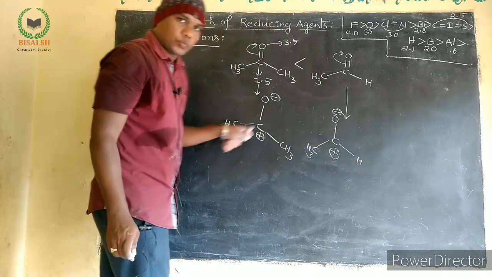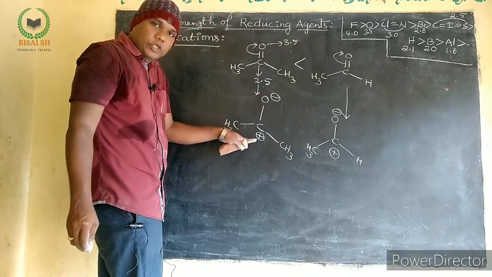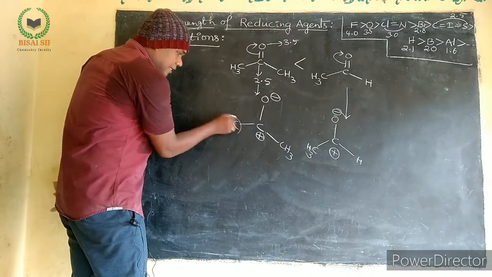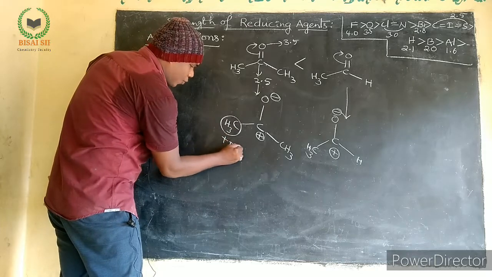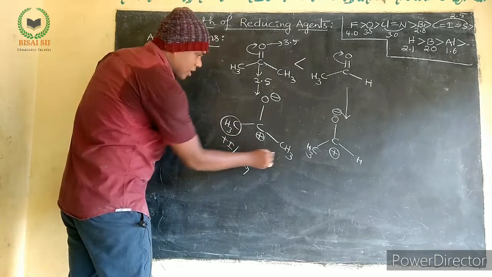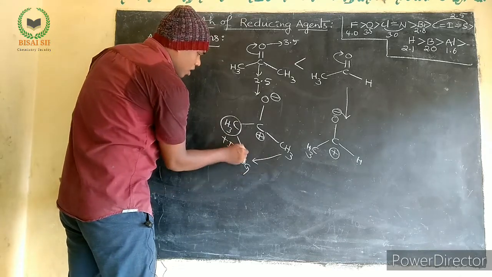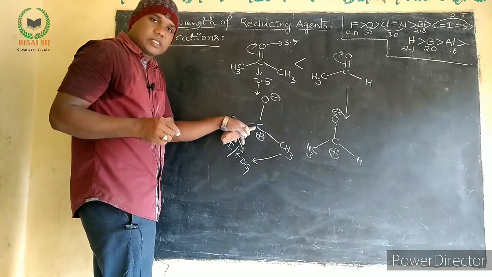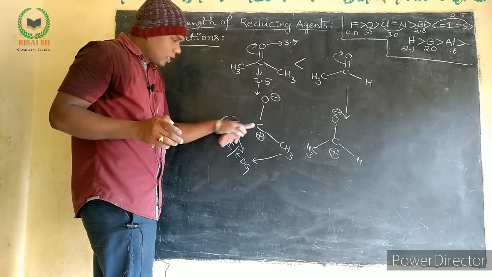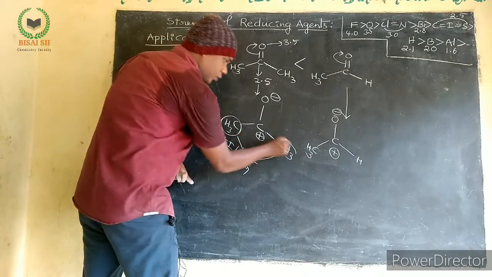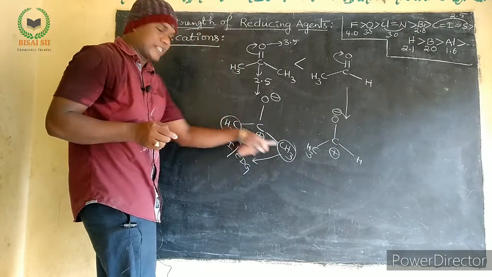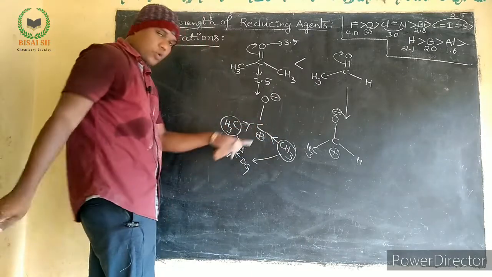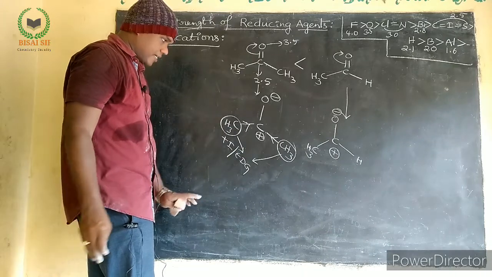Out of these two, here carbon carries positive charge, here carbon carries positive charge. So here this group acts as a plus I group, an electron donating group. This is also. So how many electron donating groups are attached to this carbon? Two electron donating groups, two plus I groups, meaning electron releasing groups. Electron donating groups are electron releasing groups, correct?